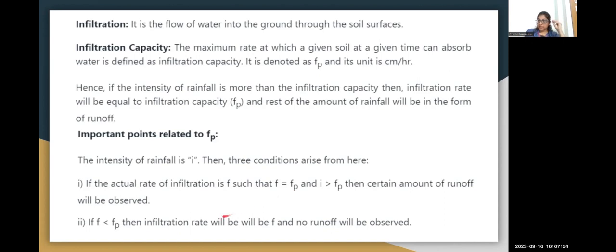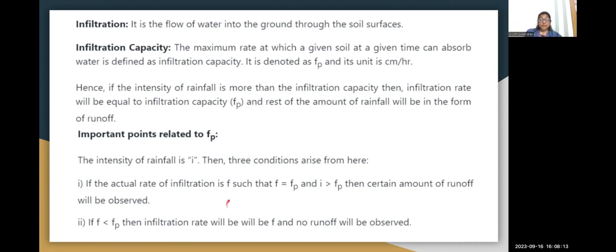If the intensity of rainfall is less than the infiltration capacity, then whatever water is reaching the surface will seep into the soil, that is, it will infiltrate.